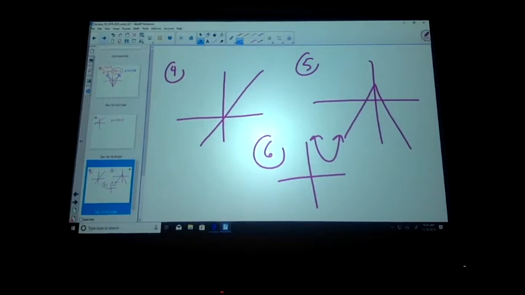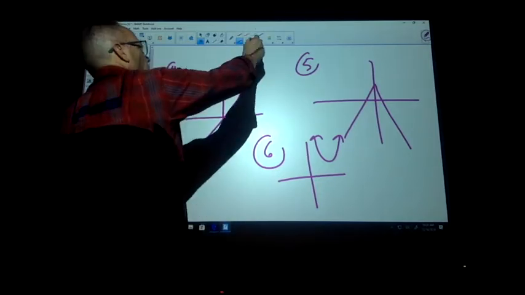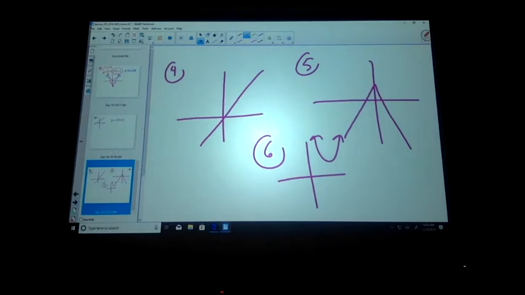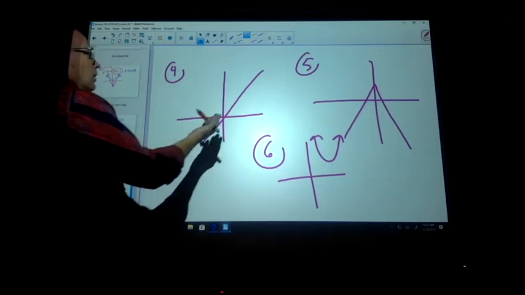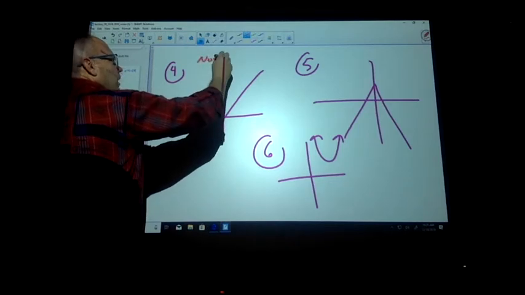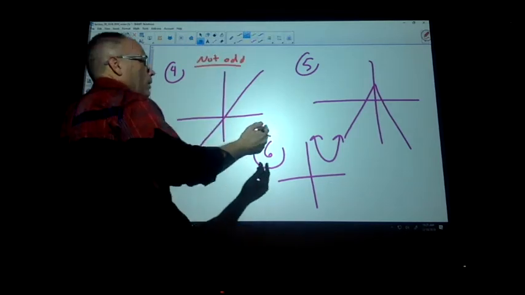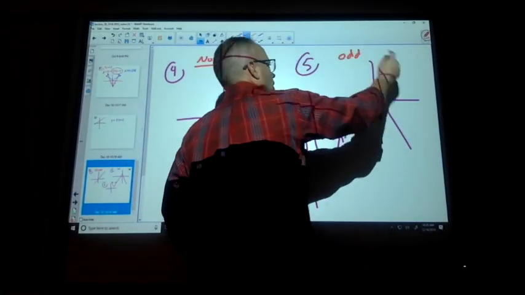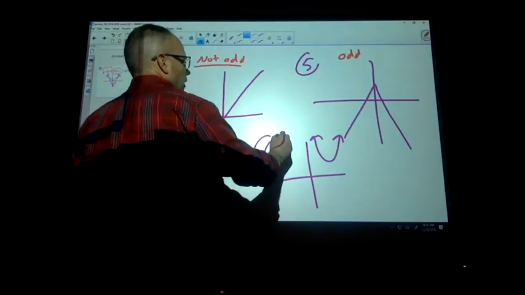Okay. So let's see, an odd function, even function. The odd function reflects over the y-axis. So does this reflect over the y-axis? No, so that's not odd. I'm just listing what we know. This one's odd because it flips over, and that's not odd.